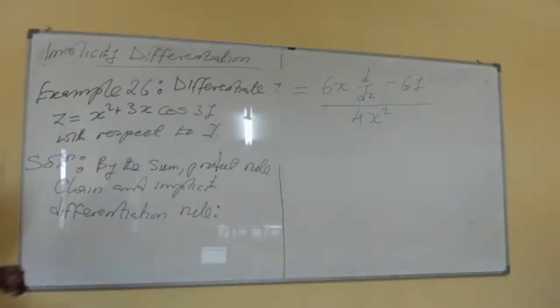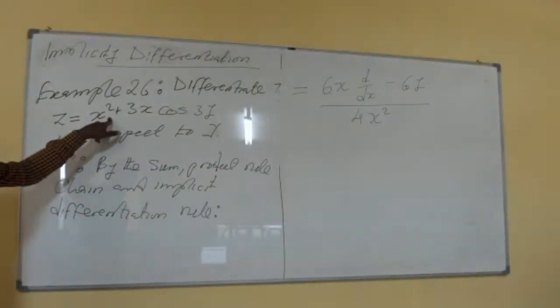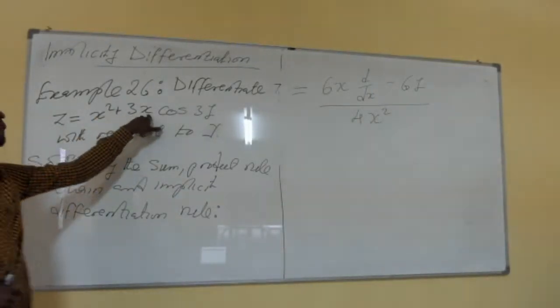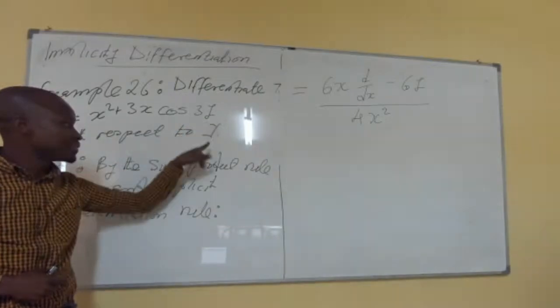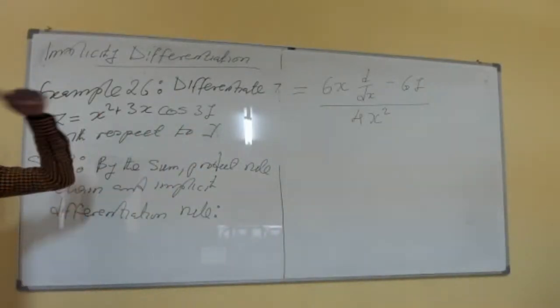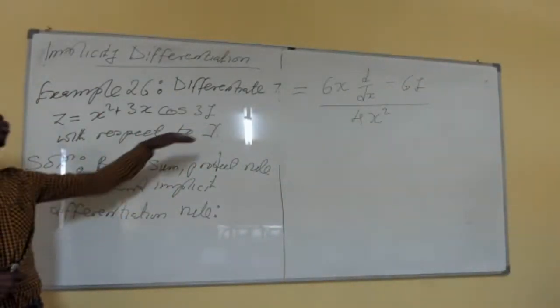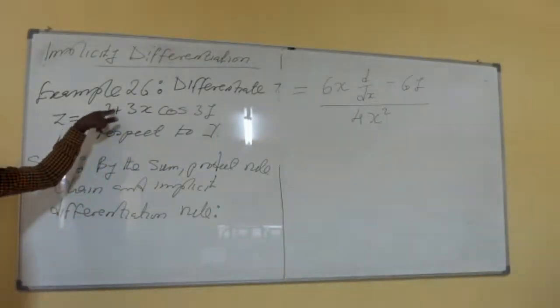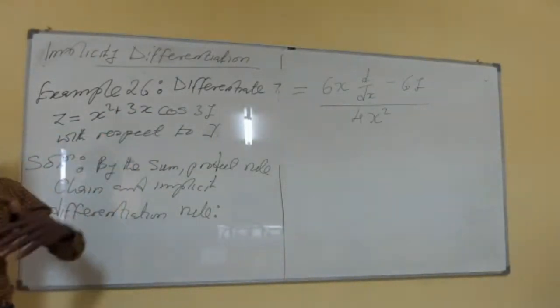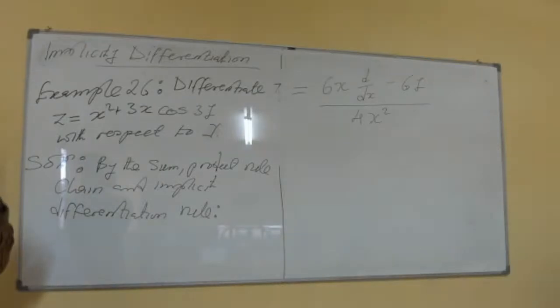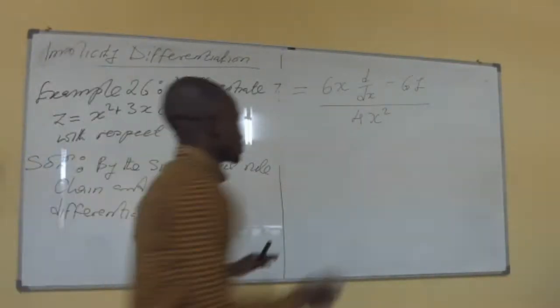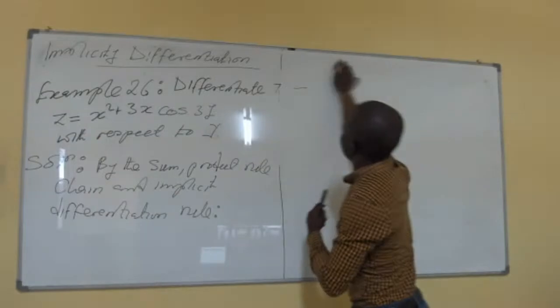Because this x and this x are functions of y, as we are differentiating the given function z with respect to y, we are going to differentiate them implicitly. So all four are in one given equation. Now, let's handle this one.